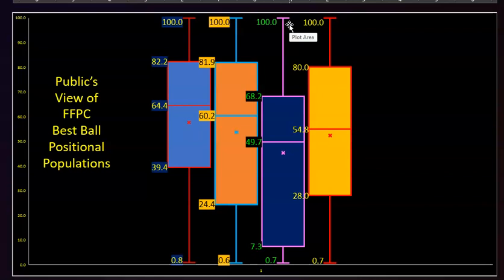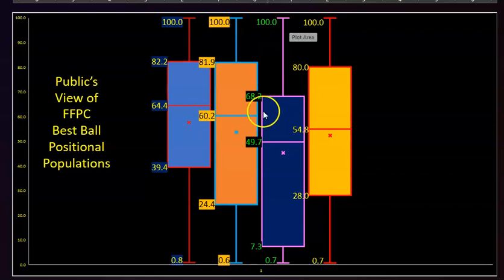So there's this idea that the public is probably overvaluing tight ends above, say, the 70th percentile, except for maybe the elite 2 or 3. So there's this draft idea in best ball: you grab an elite tight end and then you wait.